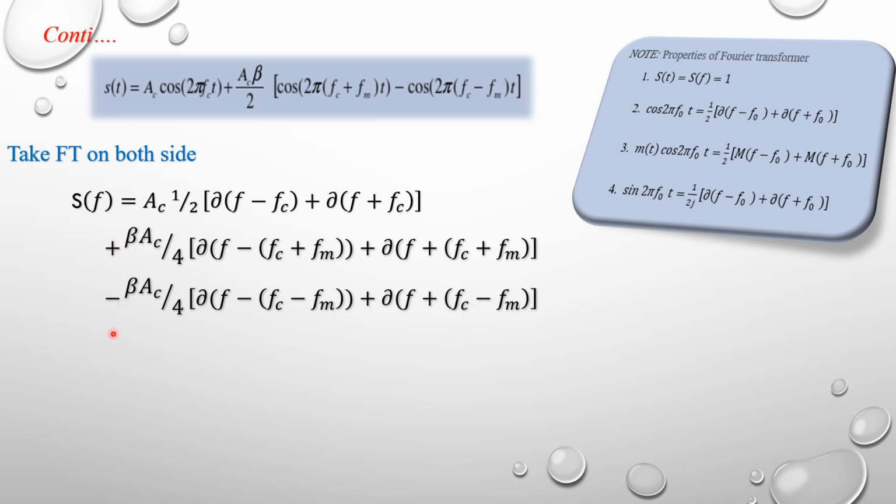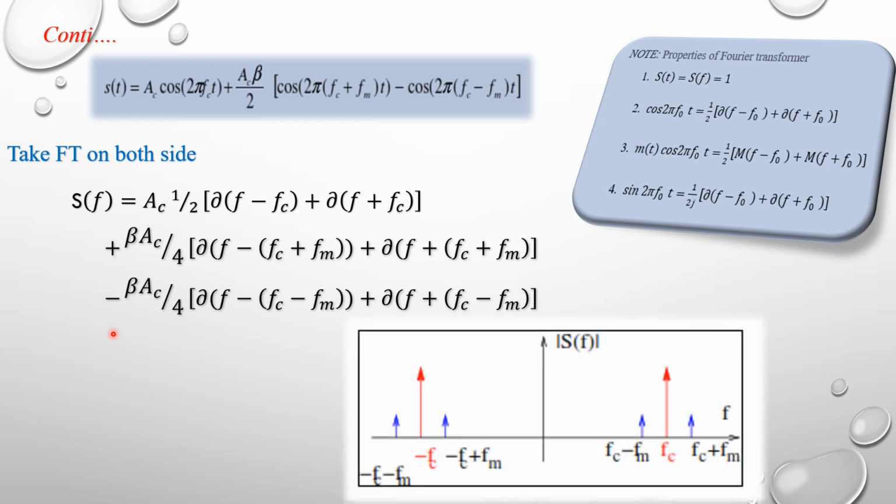Then we have to draw the spectrum. We have two carrier frequencies, one is fc and another one is minus fc, and we have two sidebands, one is fc plus fm and another one is fc minus fm. With respect to fc, the upper sideband is fc plus fm and the lower sideband is fc minus fm.